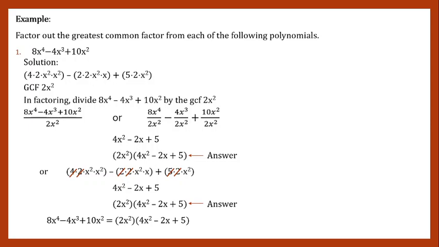So, instead of 8x raised to 4, i-rewrite nyo siya as 4 times 2 times x squared times x squared. Kailangan x squared para mailabas natin yung pinaka-factor nila. So, lowest palagi. Sa second term naman, 4, so 2 times 2, x squared multiplied by x. Okay, lumabas ulit yung x squared doon sa second term. Tapos sa last one, 5 and 2, 10, and then x squared.